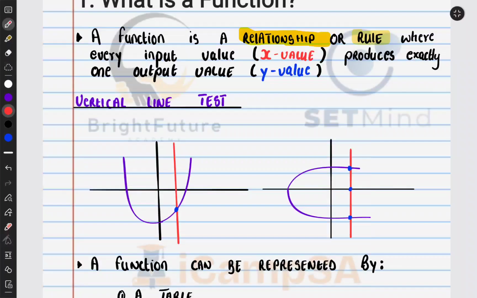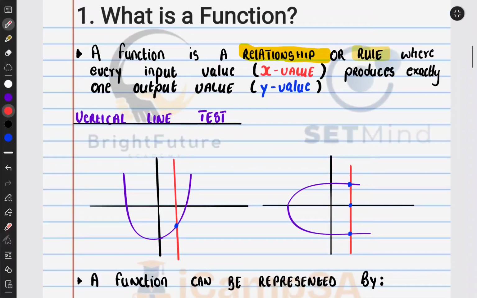With these two sketches, we can clearly see that sketch A is a function. For sketch B, we can see that the vertical line, that red line, cuts this sketch at 2 points, at this point here and at this point right there.